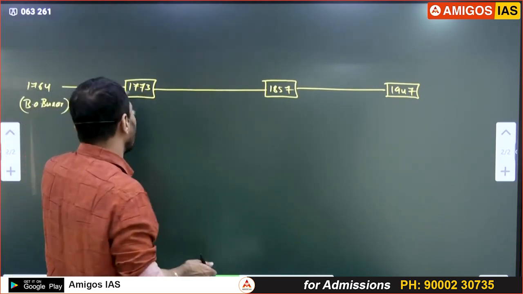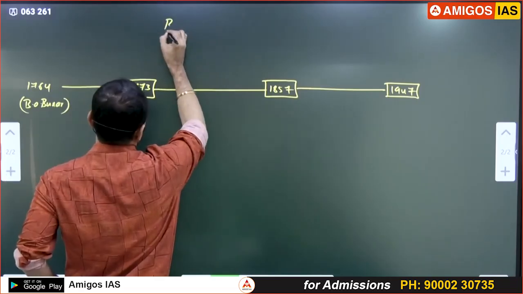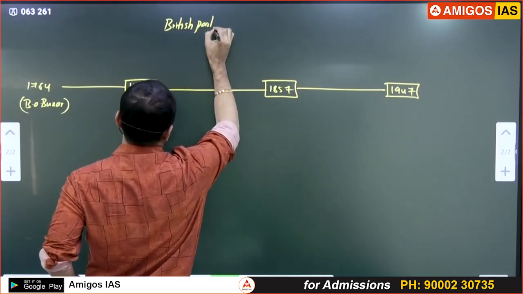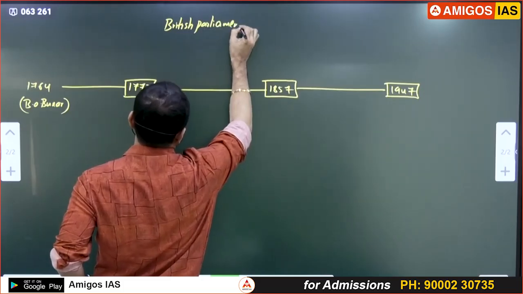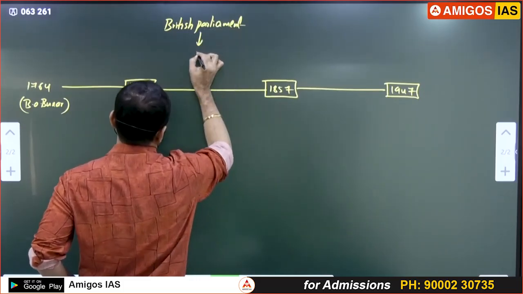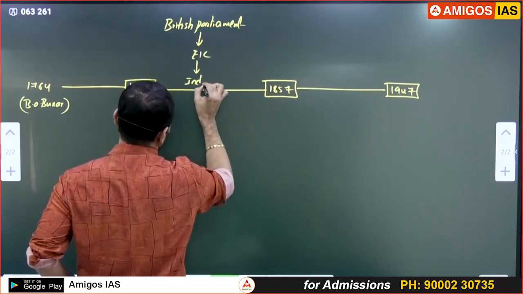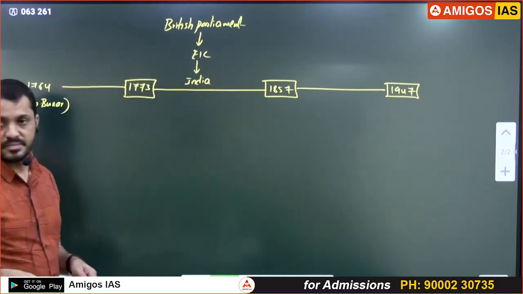From 1773 onwards, the British Parliament started making laws which would regulate the East India Company, and the East India Company would regulate India.